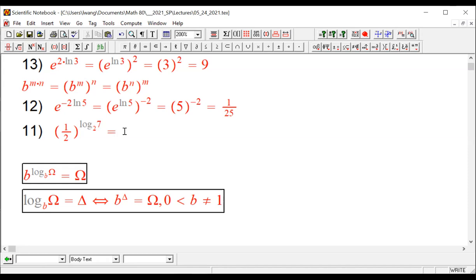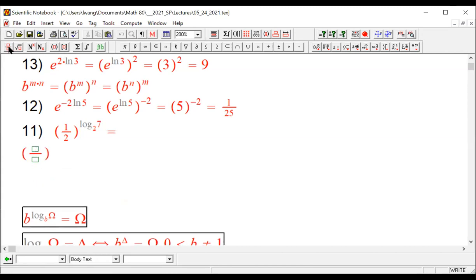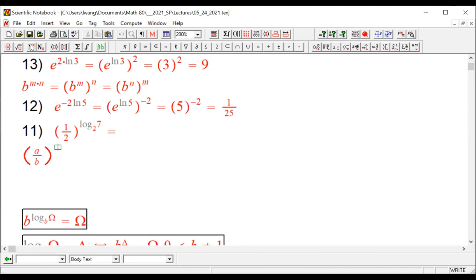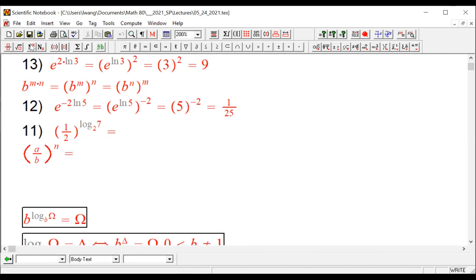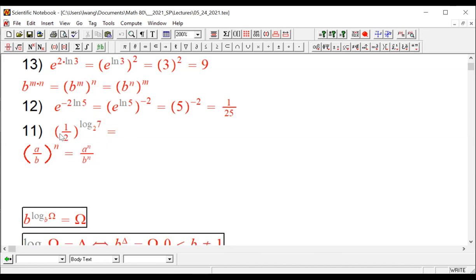Right? What can we do? Well, we can also apply this property, but there's more than one way to do it. A over B to the power of N is equal to A to the power of N divided by B raised to the power of N. So 1 and 2 are A and B respectively, and this is the power.